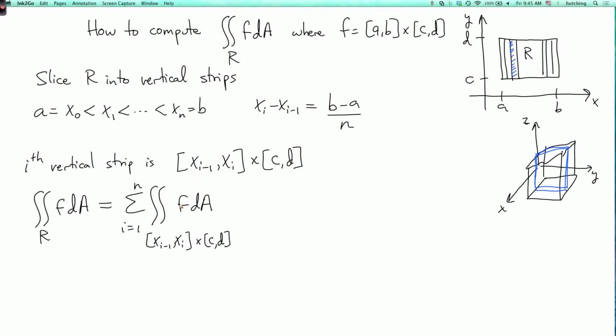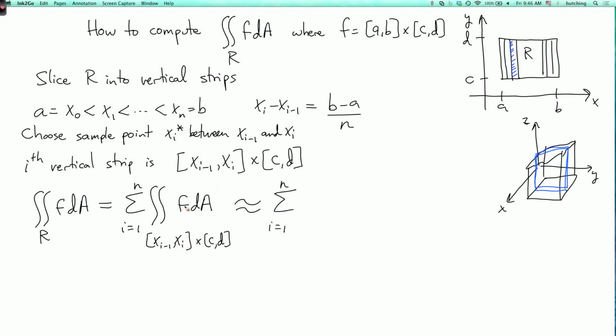Okay, now what is this double integral? Well, this thing is approximately, if we choose a sample point xi star between xi minus 1 and xi, then f over this strip is approximately f of xi star, comma whatever.